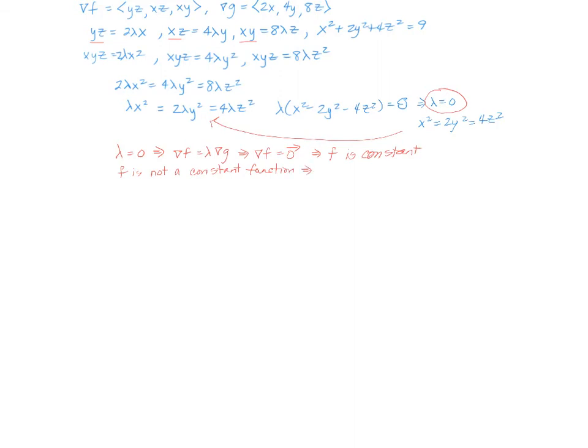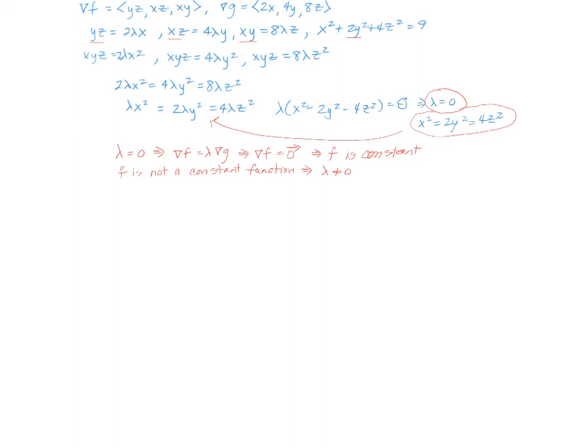Which means that lambda is not equal to 0. That we can't use that one. So let's look at the x squared equal to 2y squared equal to 4z squared. That's our other possibility.